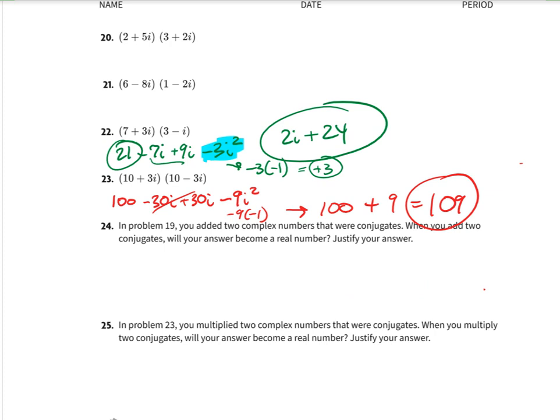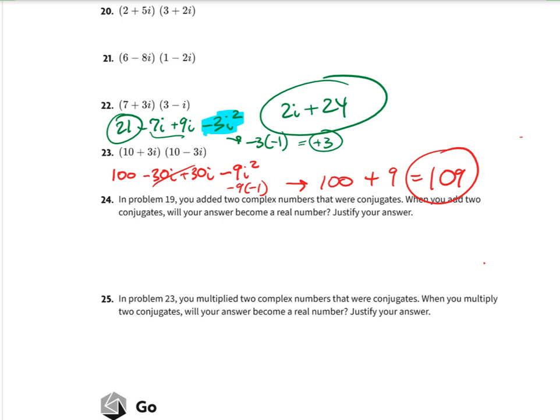Notice that this gives us a whole number for number 23, multiplying by the conjugate. And the reason why is that middle term, the i term, gets eliminated. And that's the major purpose of multiplying by a conjugate, is to get rid of the i values. So when you multiply two conjugates, will your answer always be a real number?